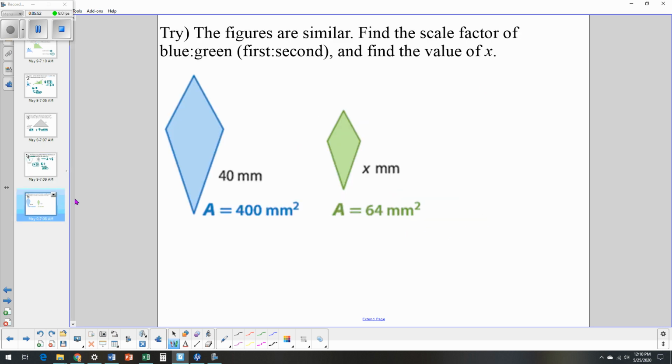All right, so you're going to try the very last one. The figures are similar. We want to find the scale factor of blue to green, and then find the value of x. They give us the areas are 464. Pause when you're ready, come back and check your answer.